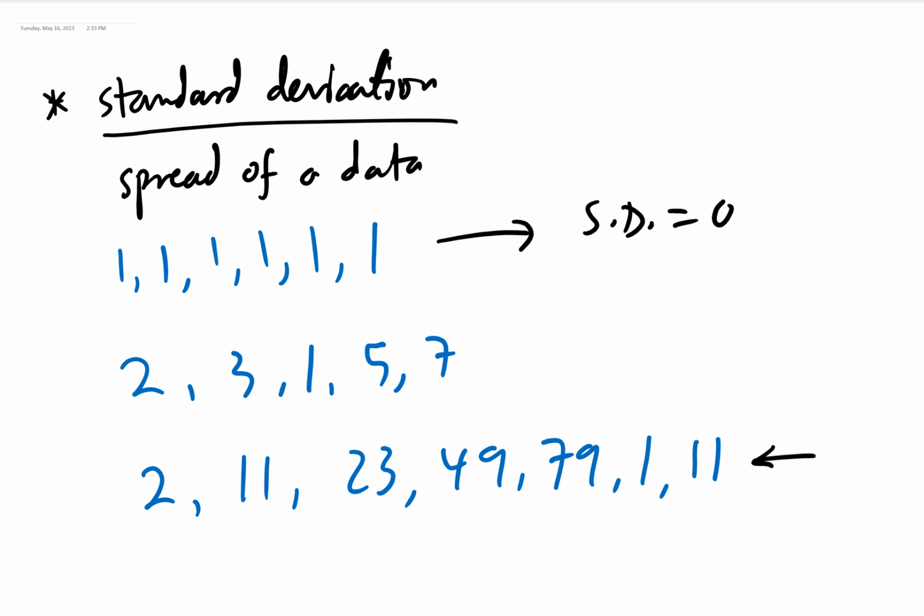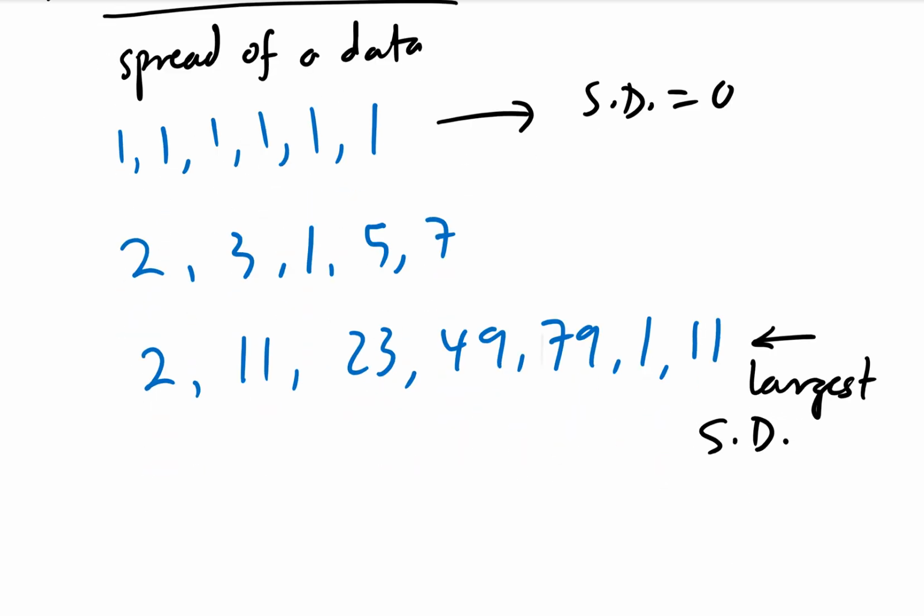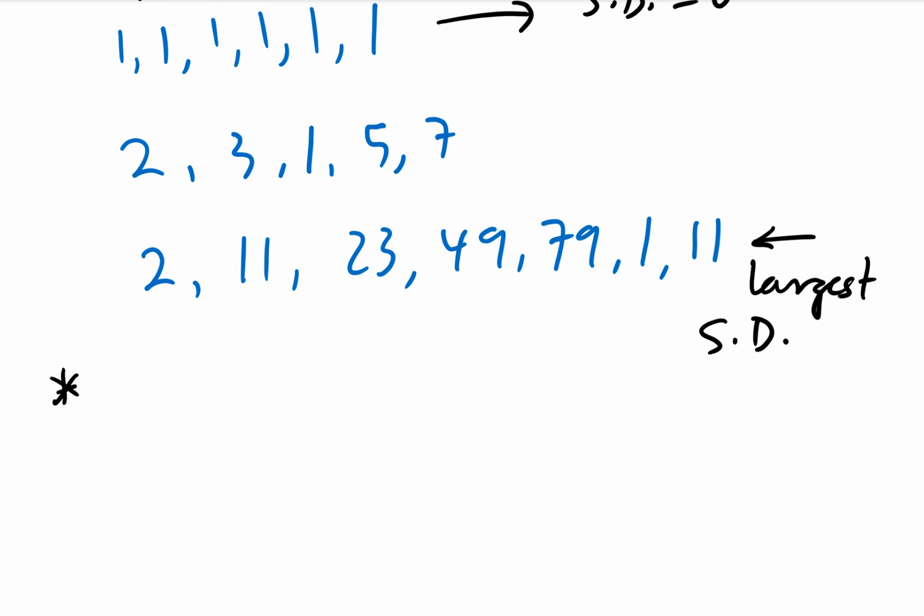And the last one will have the largest standard deviation, SD, among those three datasets. The first one would have the smallest because the numbers are on top of each other. The next one has a little bit of spread, and the last one has the largest spread. So that's one thing that will help you to solve one of the problems.